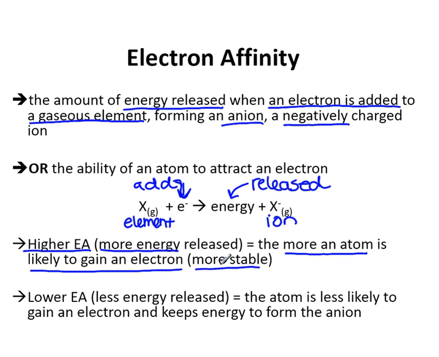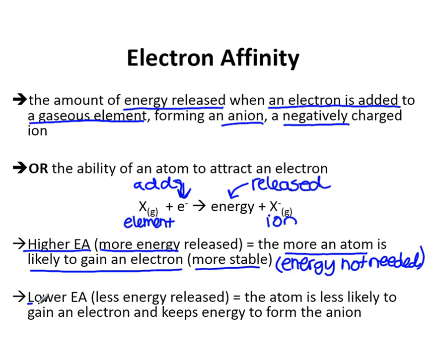The energy doesn't need to be held onto because adding an electron actually stabilizes the element when it forms the ion. So it says, I don't need to keep the extra energy, I'm going to get rid of it. The energy is basically not needed, so more will be given away. If it wants that electron, it's going to take it, and then that energy is not needed, so it gives it away.